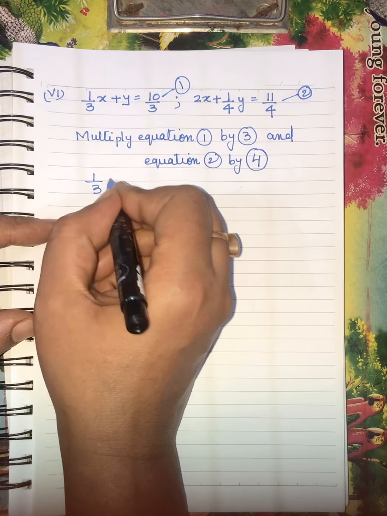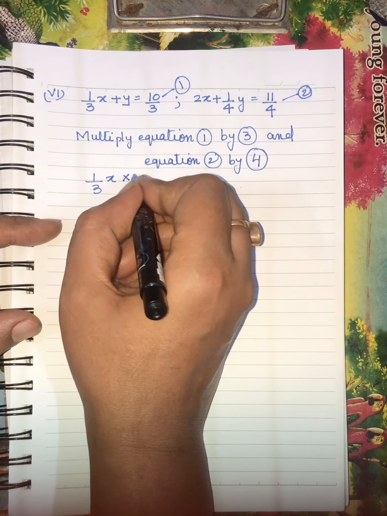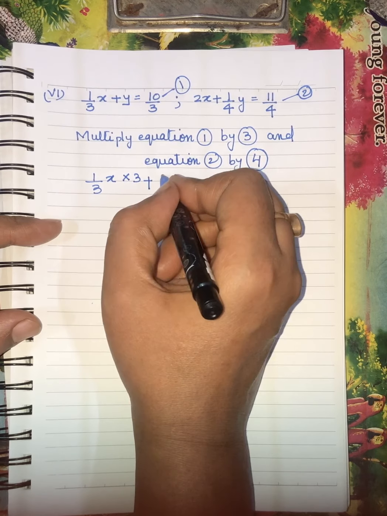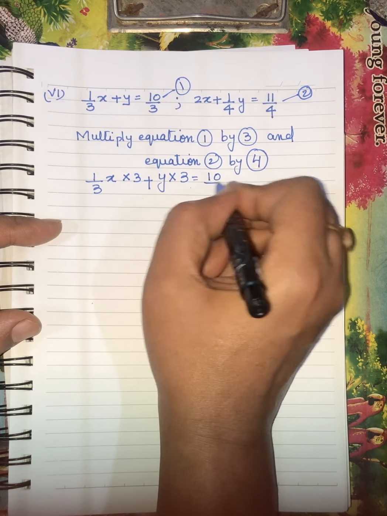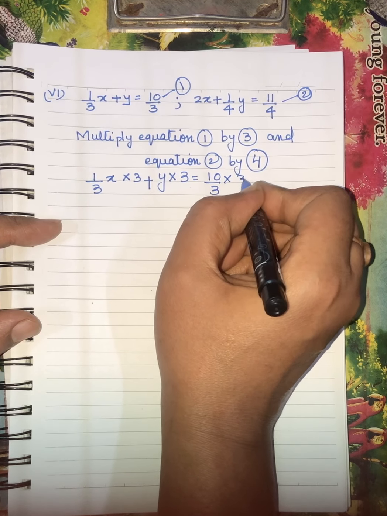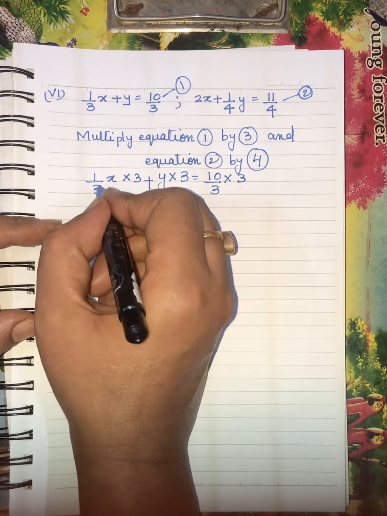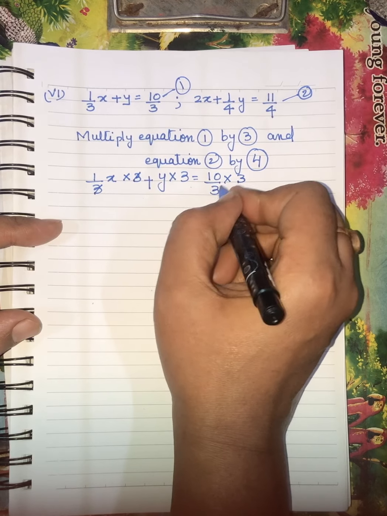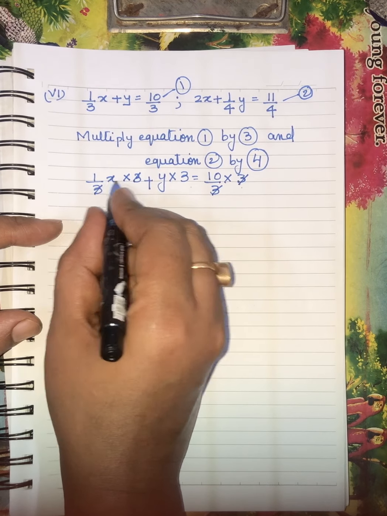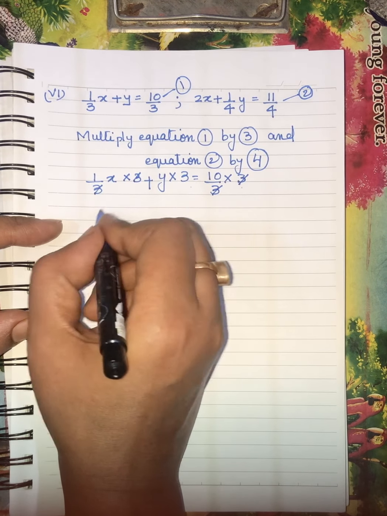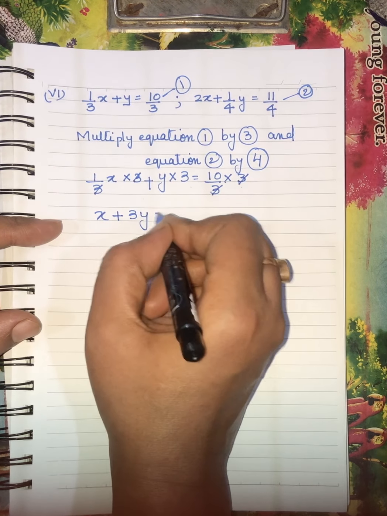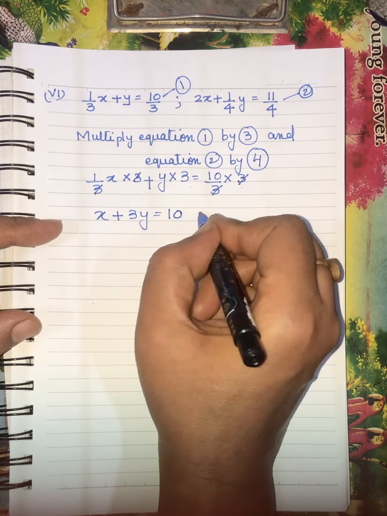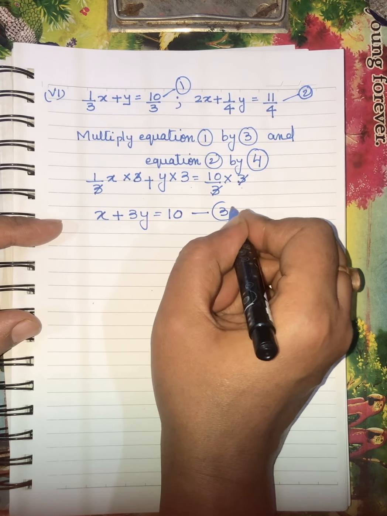See, 1 upon 3x into 3, you have to multiply each and every term. y into 3 is equal to 10 upon 3 into 3, that is multiplied by 3. So this and this cancel. You are left with only x over here, children. 1 into x is x plus 3y is equal to 10. This is the third equation.